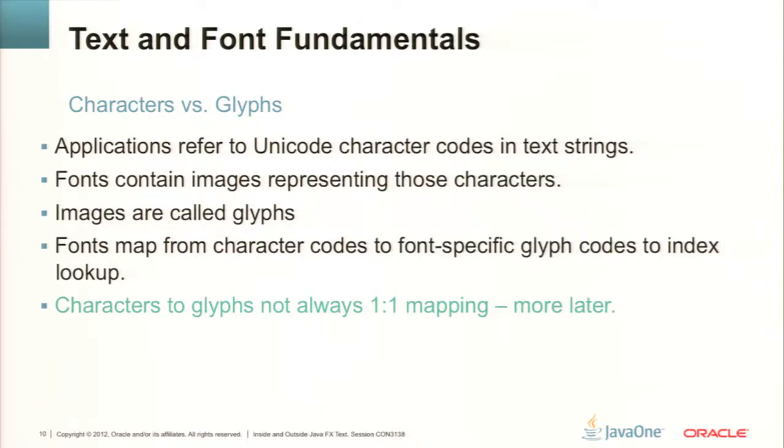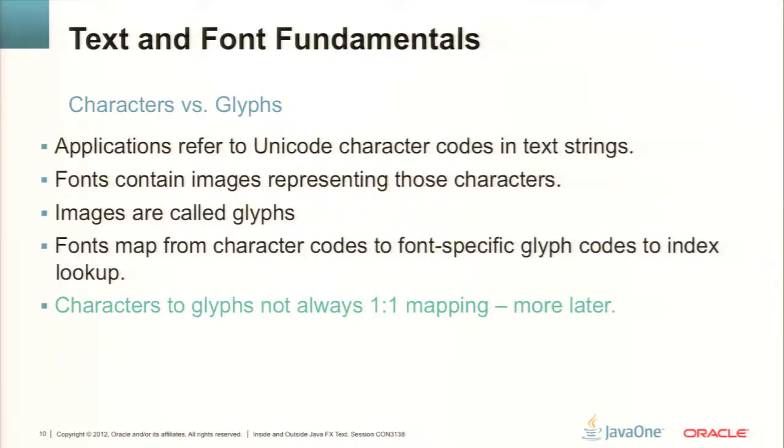But the font has to define some subset of these, like it may only support Cyrillic, for example, or it may only support Latin. There's not a big empty space in there. There's just a table which says, Unicode character A is glyph index 12, or something like that.